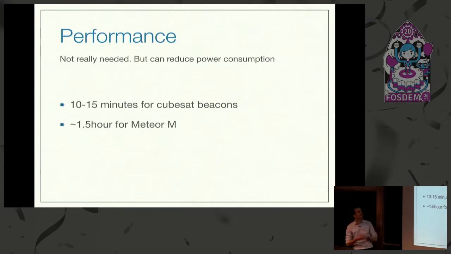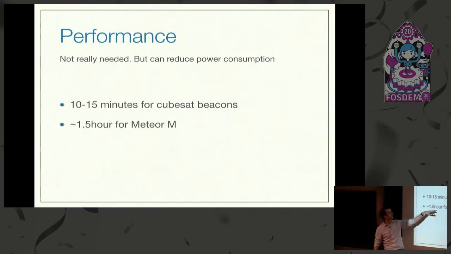And no one on Earth is really interested in getting real-time beacons in his university. They say, okay, give me more data. I can spend any amount of time doing decoding. I've run some performance metrics. For a CubeSat, this is a very narrow band signal, 10-15 minutes for the full pass. So this is nearly real time, because it takes nearly 10 minutes for the satellite to pass over.